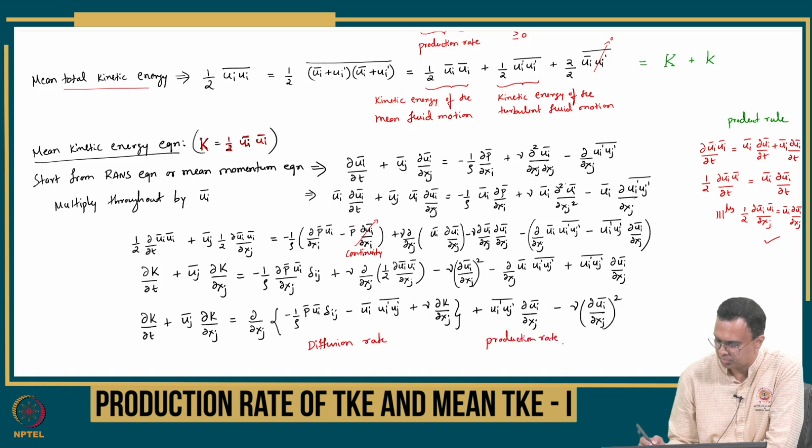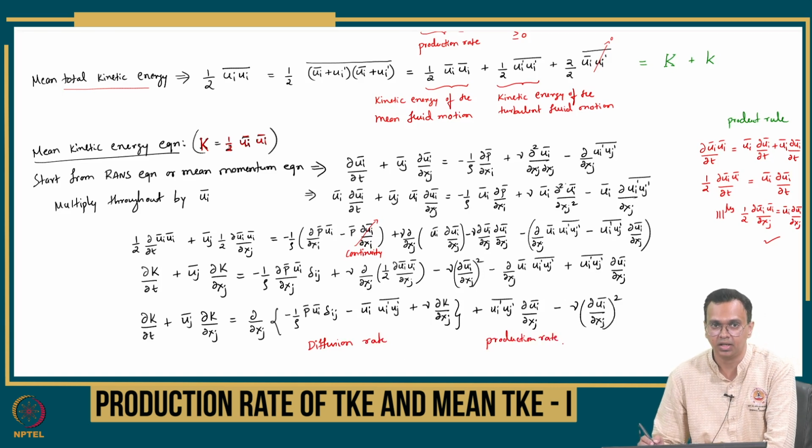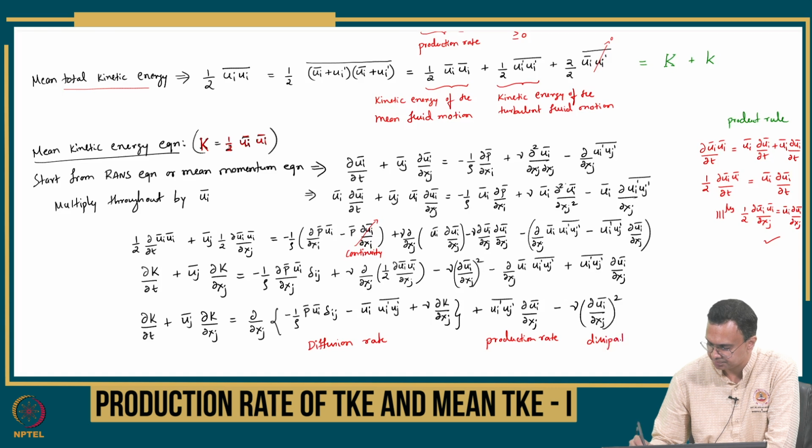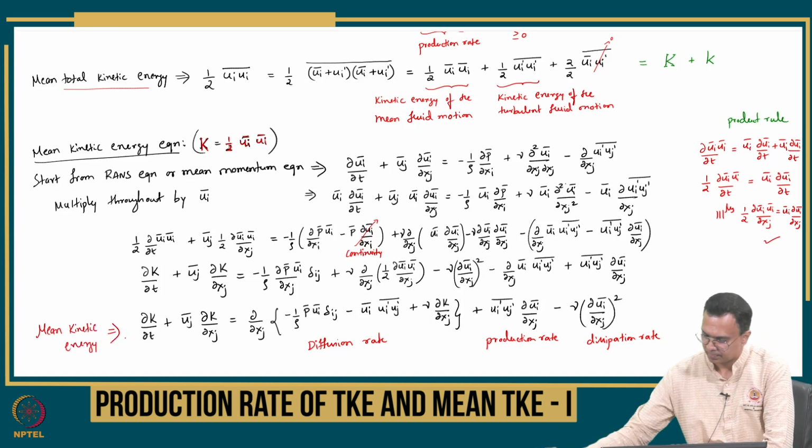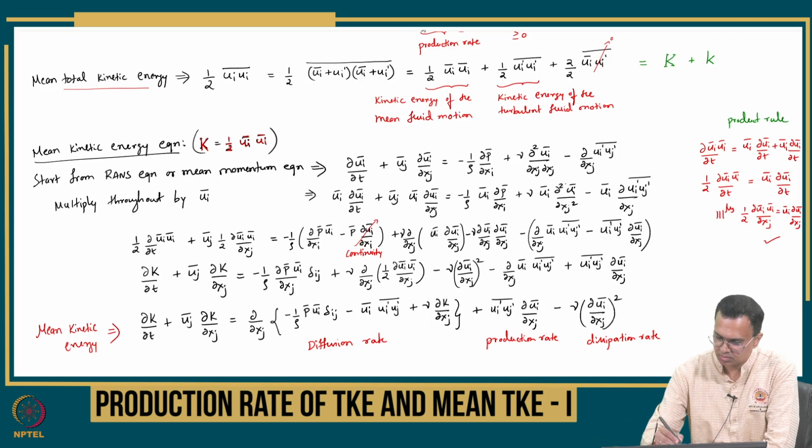But this is not the production rate of the turbulence kinetic energy, this is the production rate of the mean kinetic energy. Here is the mean kinetic energy equation. Let's call this equation 2.